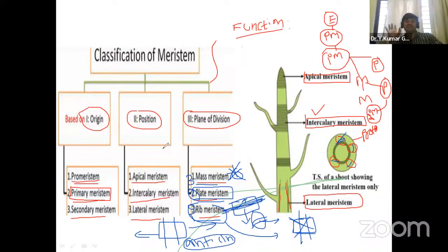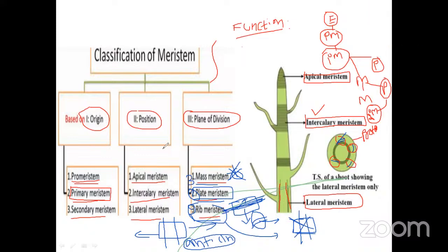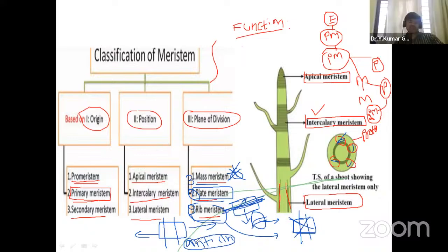How many layers does the epidermis have in general? One layer. So due to anticlinal division by the plate meristem, only the surface area increases, forming a single uniseriate layer, so it forms the epidermis.